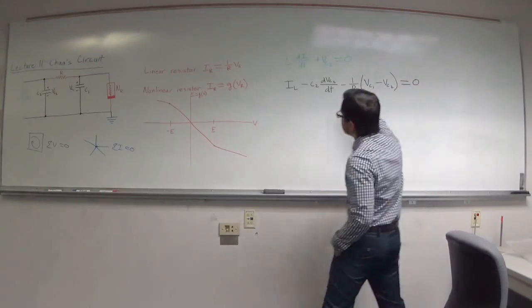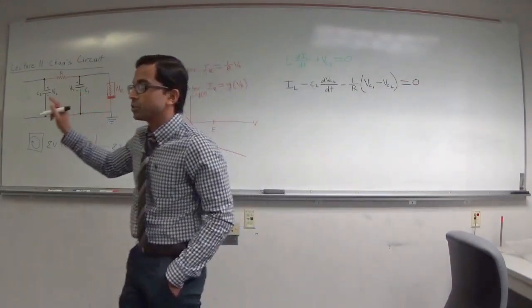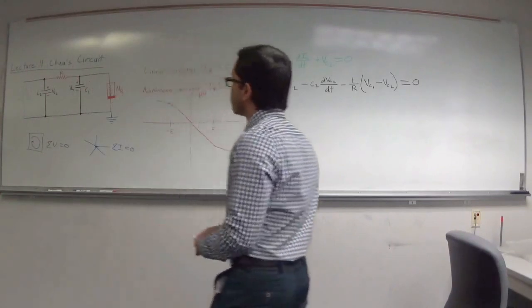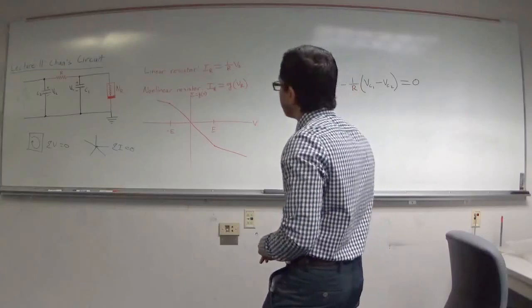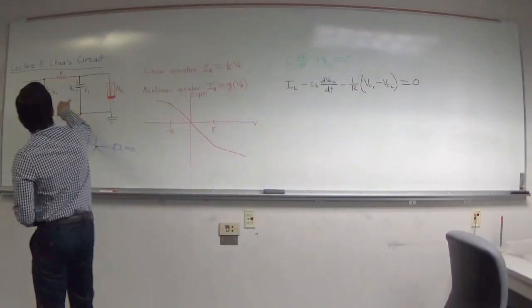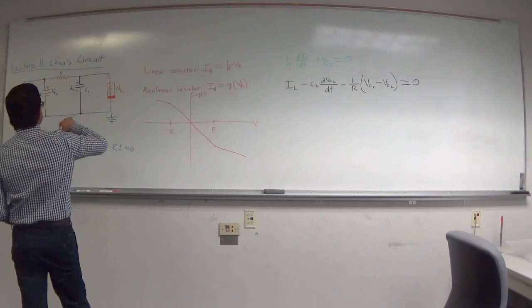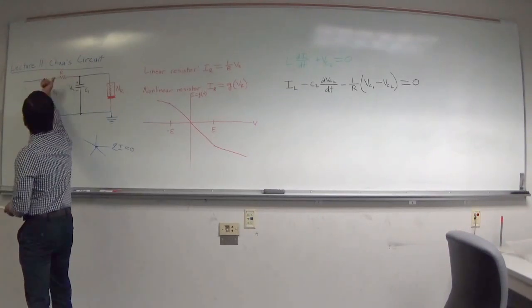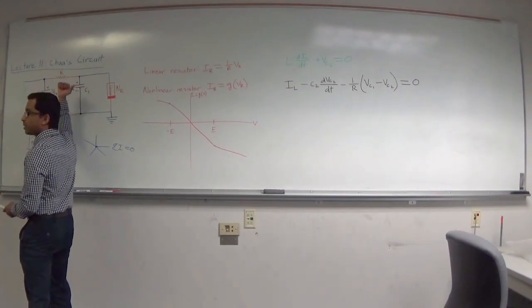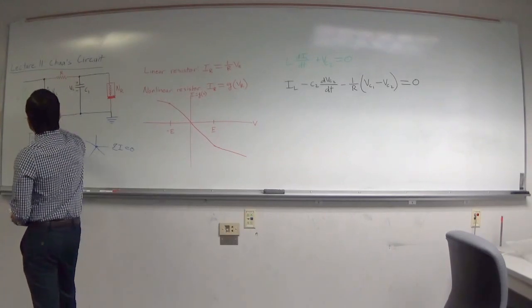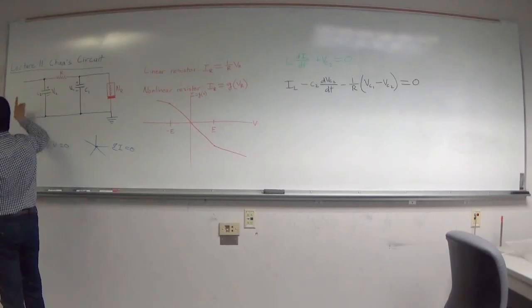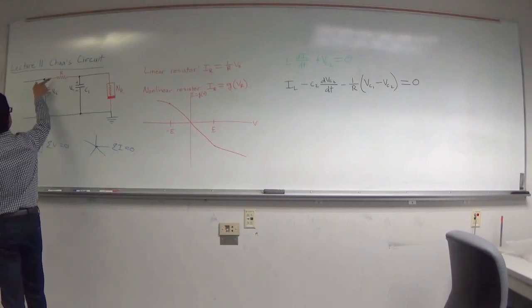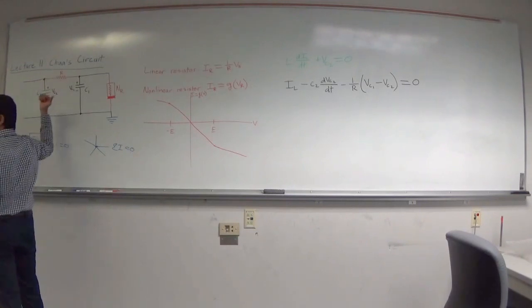Equals 0, right? So those capacitors are going to create a voltage difference, and that's going to drive current through the inductor. So the voltage drop here is going to be VC2 minus VC1, but then the current, sorry, not inductance, the current through the inductor is going into that node, and then the current across the resistor is going out of that node.